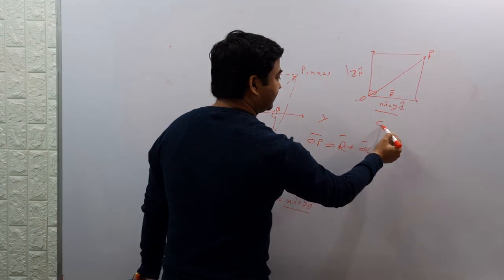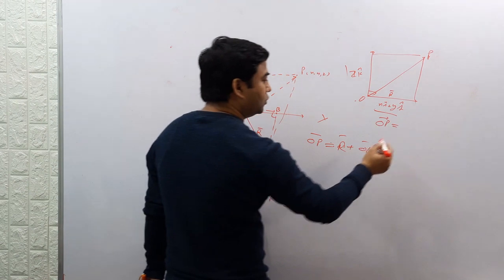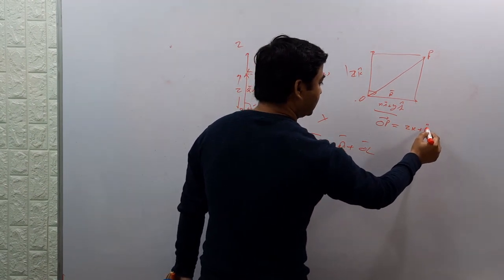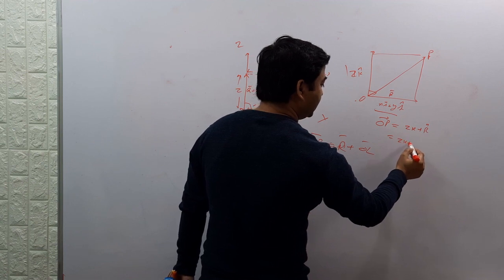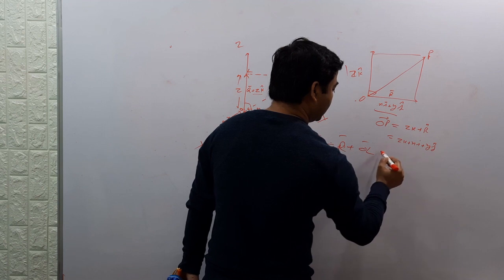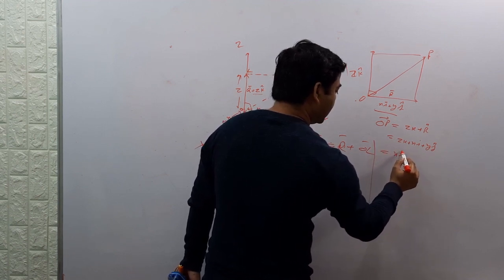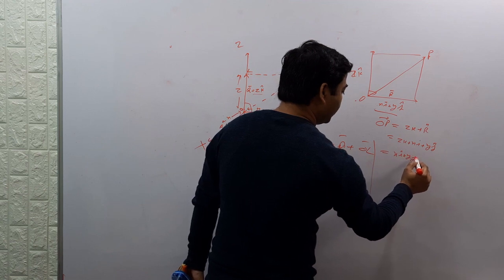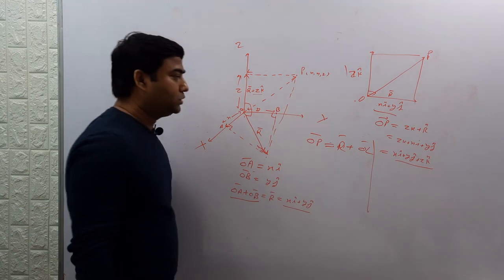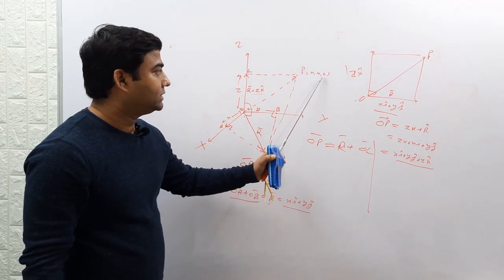So you can say, by the parallelogram theorem, OP is equal to zk plus R, which is equal to zk plus xi plus yj, or you can say xi plus yj plus zk. This is the position vector of point P having coordinates x, y, z.